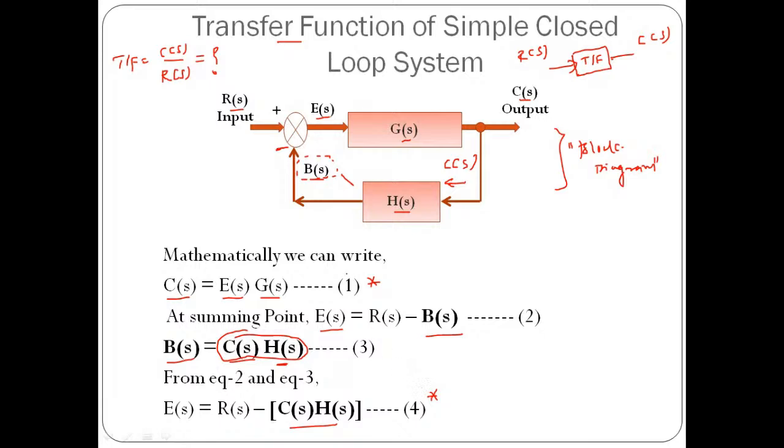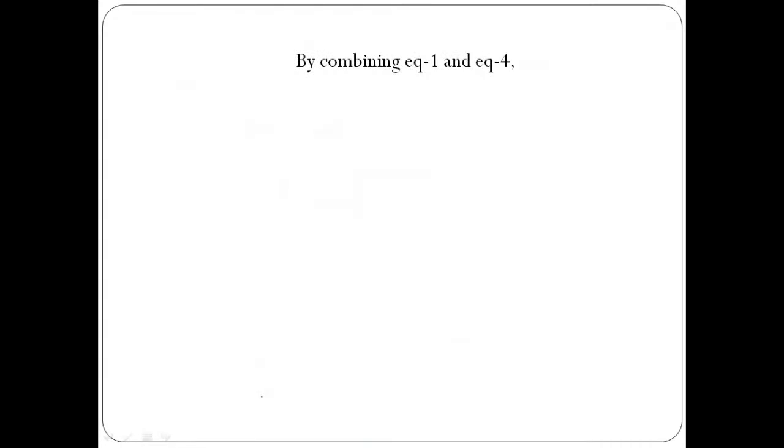In equation number 1, we have the relationship between output with respect to gain and the input, which is nothing but the error signal. Now this error signal we are going to replace by this entire term, which is R of S minus C of S into H of S. So if you combine equation 1 and 3, we can write this equation.